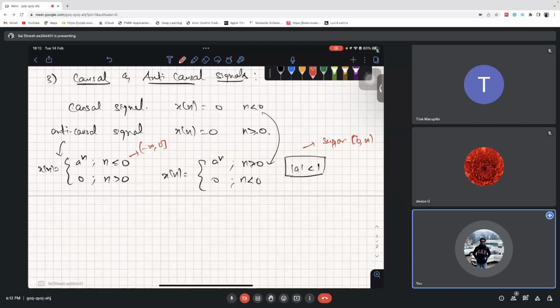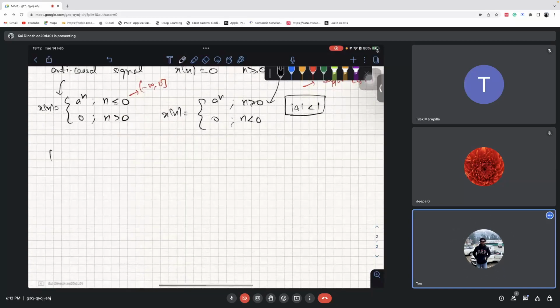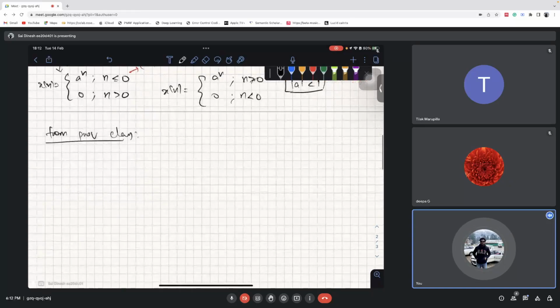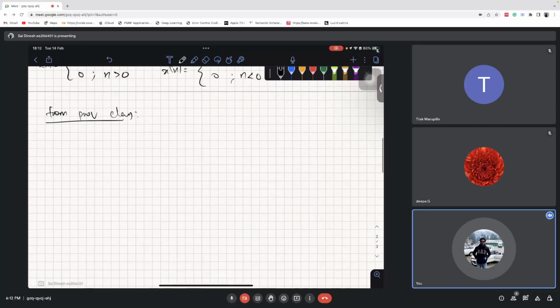Yes. So next, in the last class I talked about discrete time complex exponentials, real and sinusoid. Just to briefly revise from the previous class, complex exponentials are not always periodic.